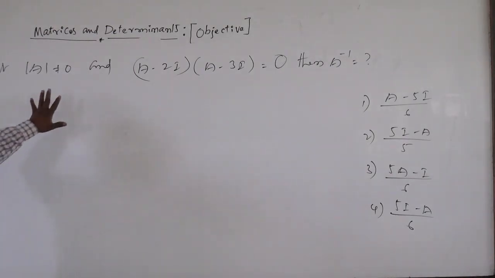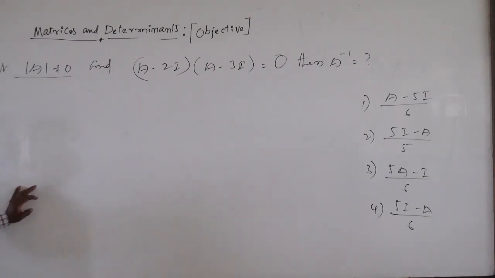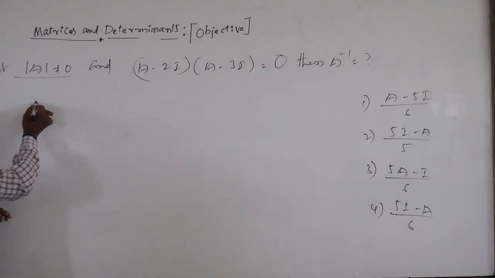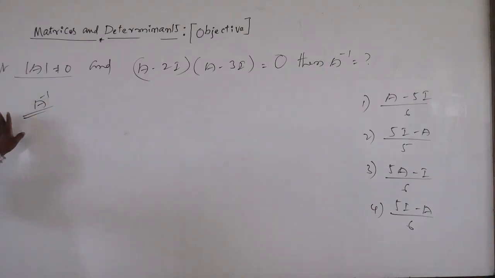See, determinant of A not equal to 0 means A is a non-singular matrix. A is a non-singular matrix means we can apply the A inverse operation wherever we want. That is the meaning of determinant of A not equal to 0.